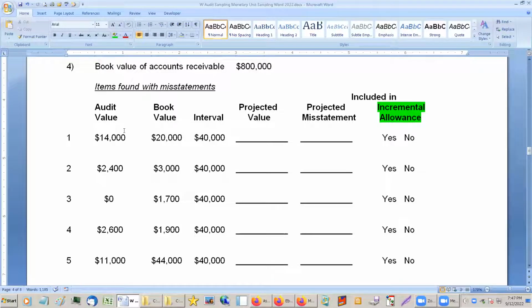All right, so the interval is 40,000. And just like we did before, we're going to take the ratio.